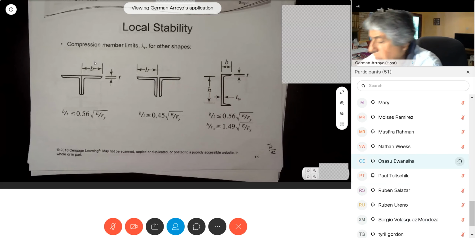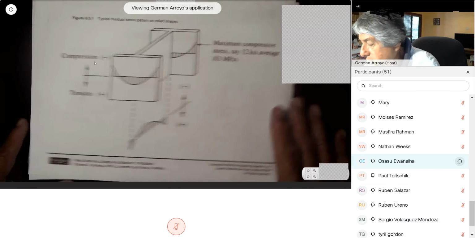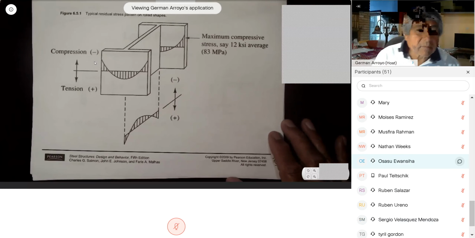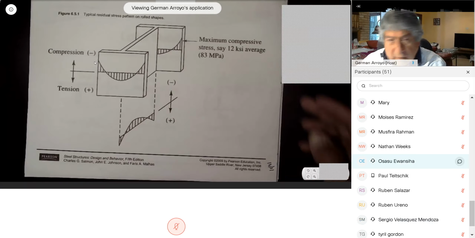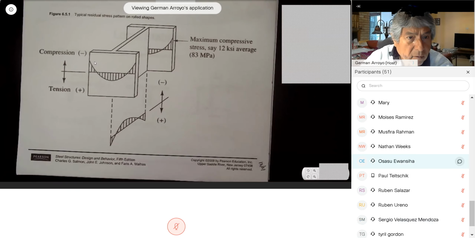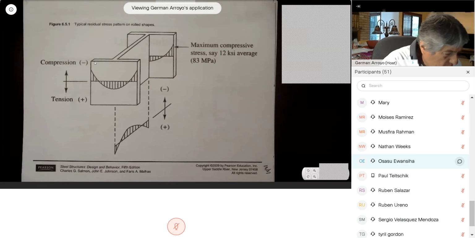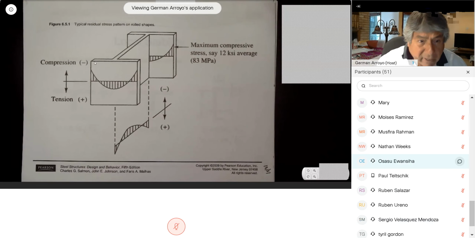Something that I mentioned in class a long time ago, that all of these sections are hot rolled. I gave you a picture of how they are fabricated at the mill. They start with a chunk of steel, real hot, and they roll it.